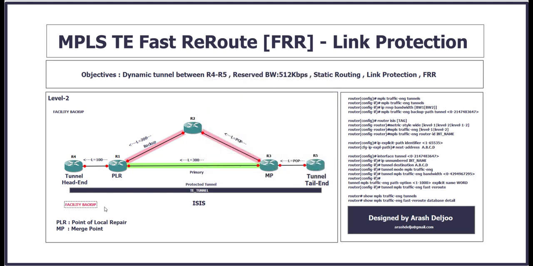This is our data, any data, and here we have the label 100 in normal condition, and the label 100 should be swapped at router 1 with the label 300, the label received from router 3. After that, we need to forward the data, swapping the label to pop, to router 5. This is the normal behavior of MPLS traffic engineering forwarding. Very good.